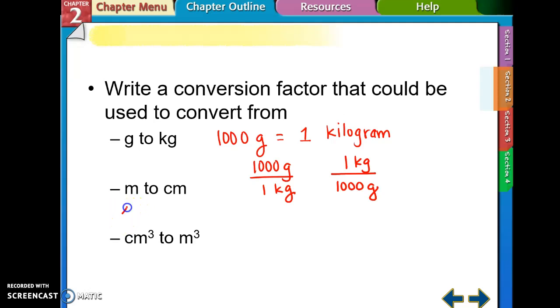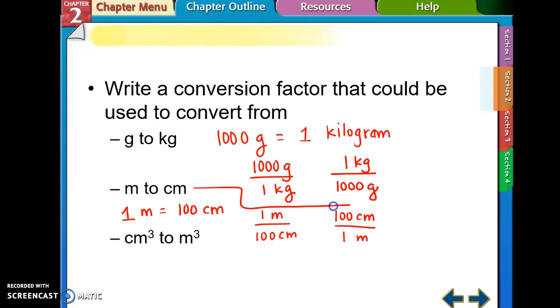So this time my base unit gets the 1, and there's 100 centimeters in every 1 meter. So if I were going to write that as a conversion, I would write that as 1 meter for every 100 centimeters, or 100 centimeters for every 1 meter.